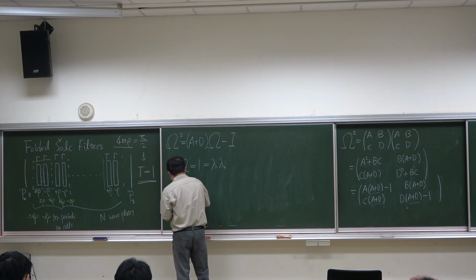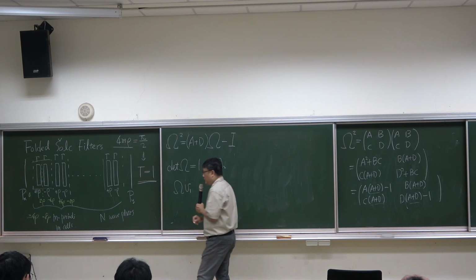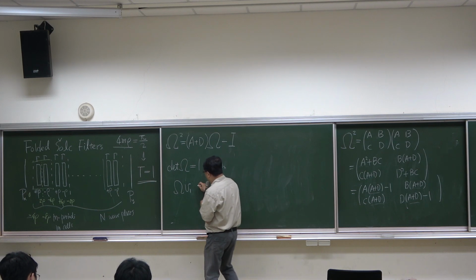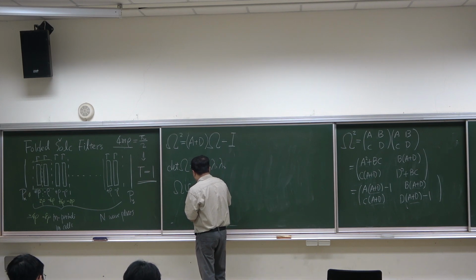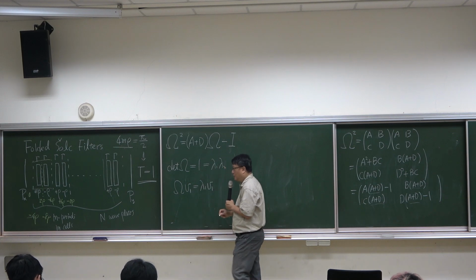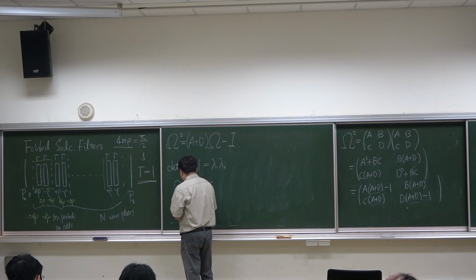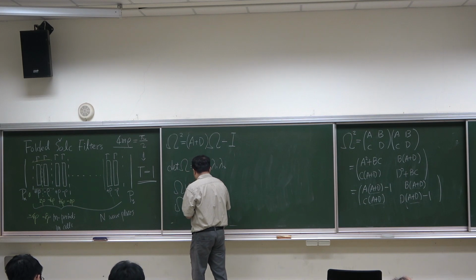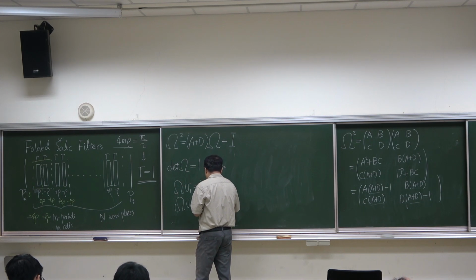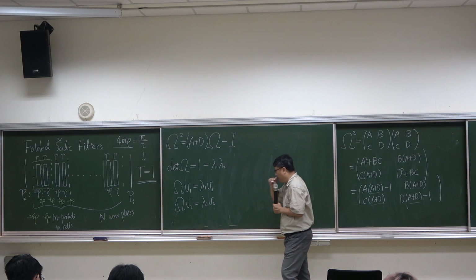According to linear algebra, suppose we have the first eigenvector and the first eigenvalue like this, and we have the second eigenvector and the second eigenvalue like this.